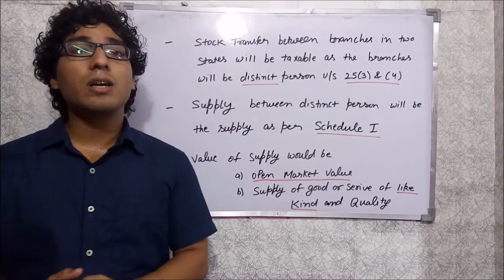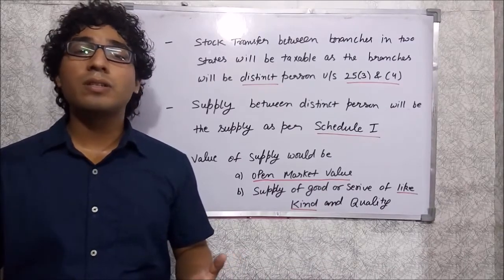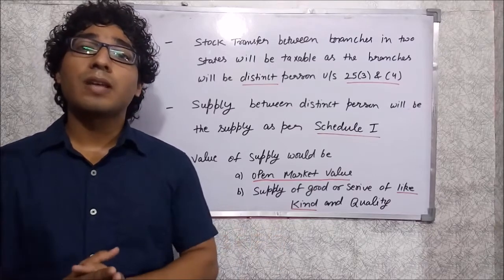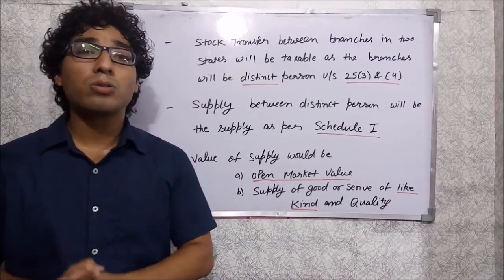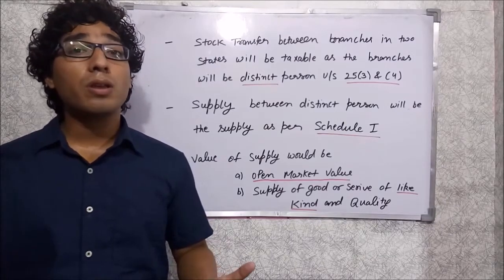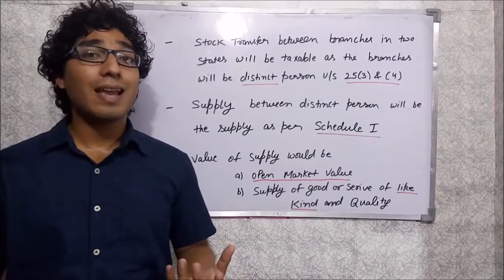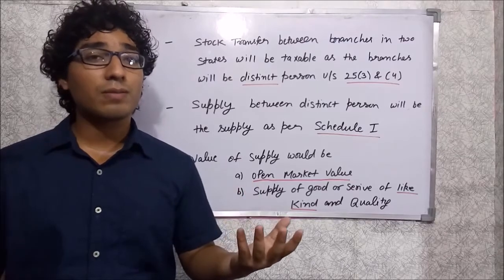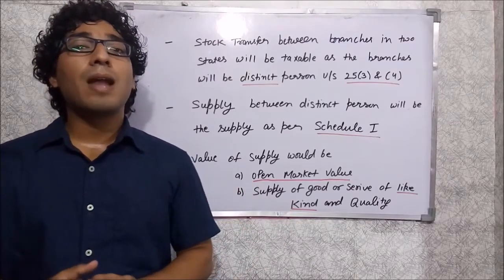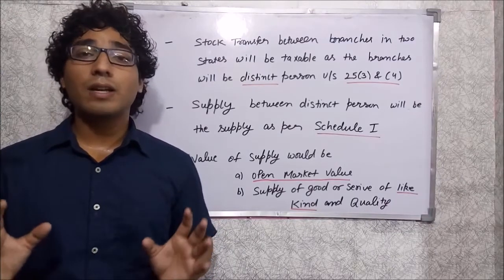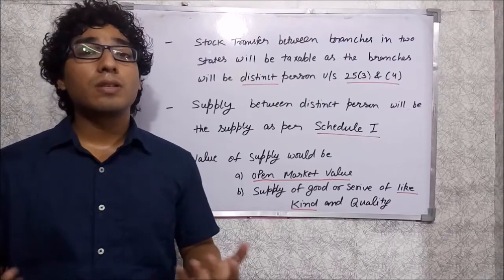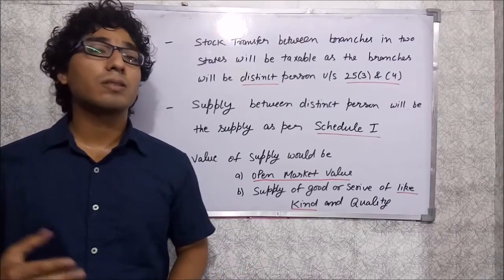And also in terms of Schedule 1, which deems certain activities to be supply of goods or services, Schedule 1 also tells that the supply of goods or services or both between the distinct persons as mentioned under section 25 subsection 3 or 25 subsection 4 will be a supply of goods or services if it is made in the course or furtherance of business, even if it is without consideration.